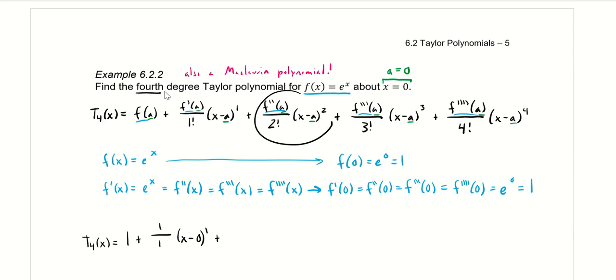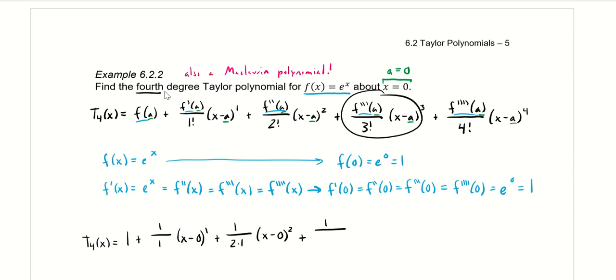Let's do this piece. So the second derivative, which is also 1, over 2 factorial, 2 times 1, times x minus 0 squared. This piece, everything involving 3, the third derivative is also 1 over 3 factorial, 3 times 2 times 1, times x minus 0 cubed.